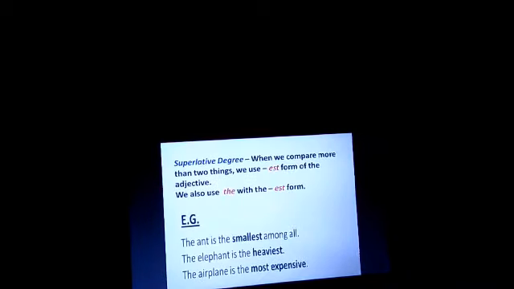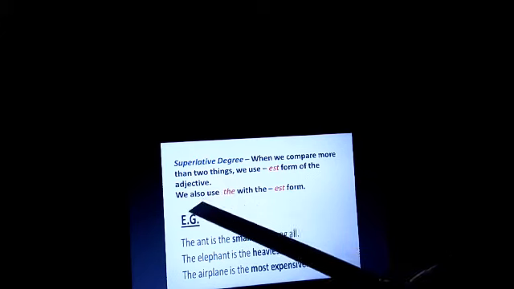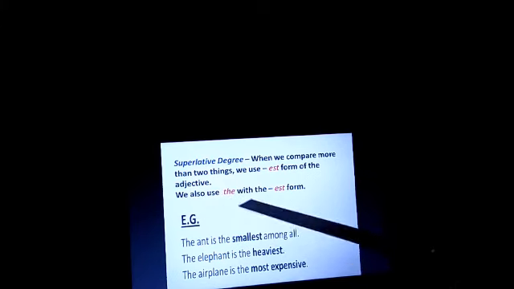Now next is superlative degree. What is superlative degree? When we compare more than two things, animals or persons, we use the EST form of the adjective. We also use the with the EST form.